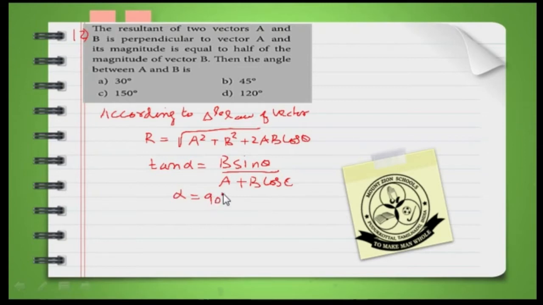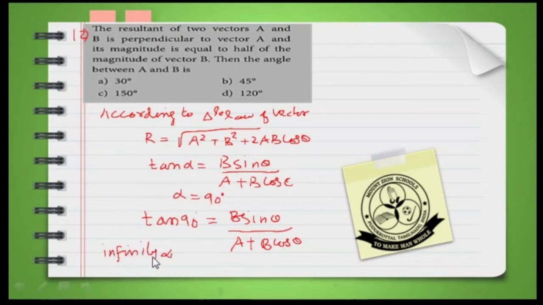So we need to find out tan 90 degree is equal to B sin theta by A plus B cos theta. What is tan 90? It is infinity. Don't mistake it as alpha.